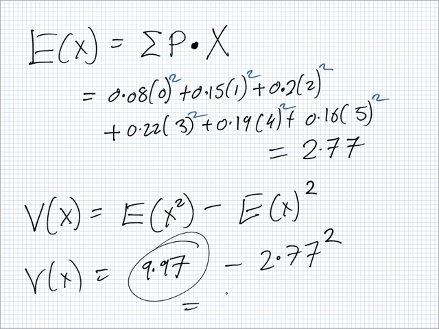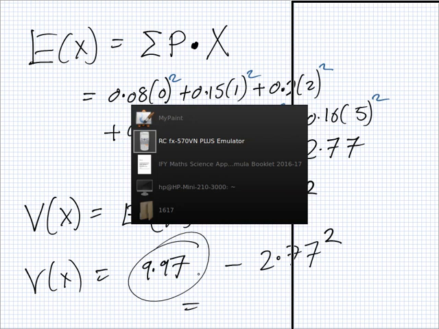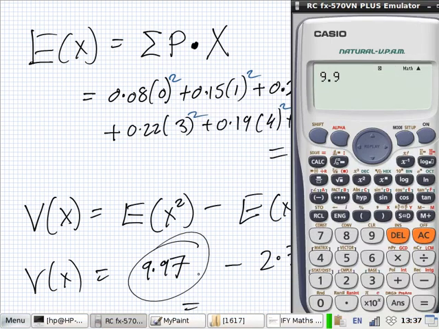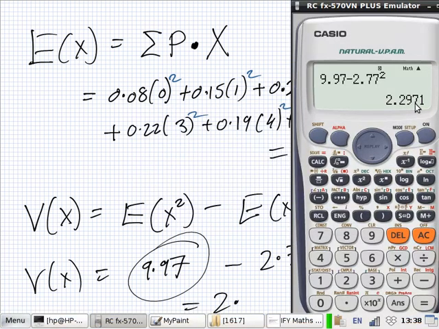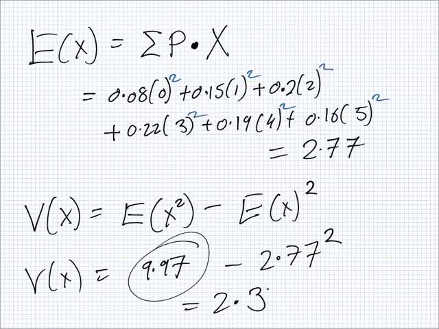Should be something like about 5 or what is it? 9.97 minus 2.77 squared. 2.3 roughly. Yeah, if I round it up with 7, yeah, 2.3 roughly.